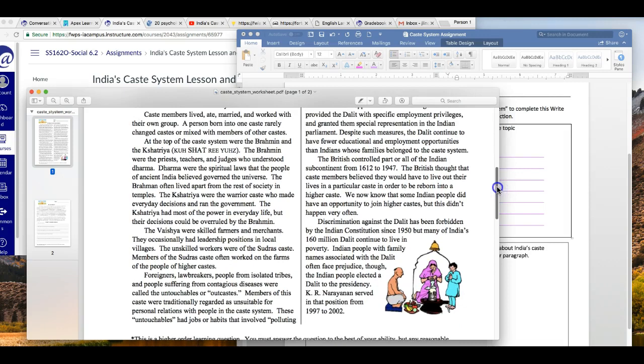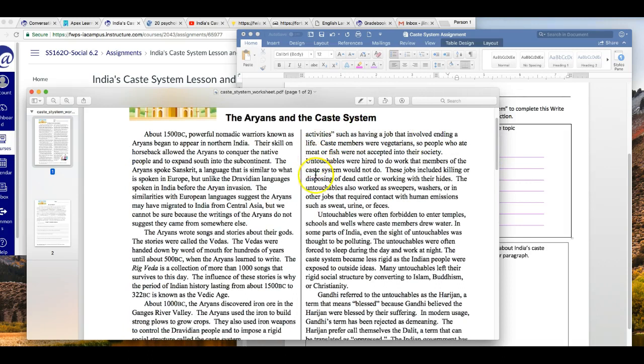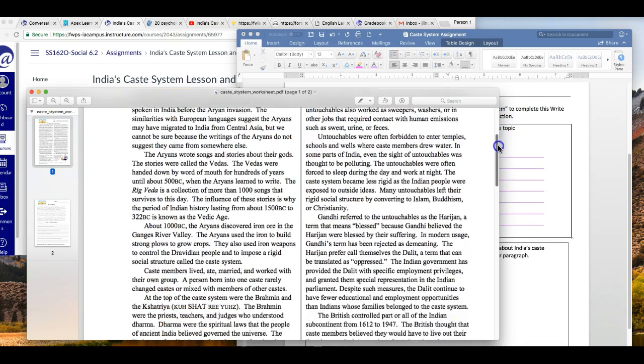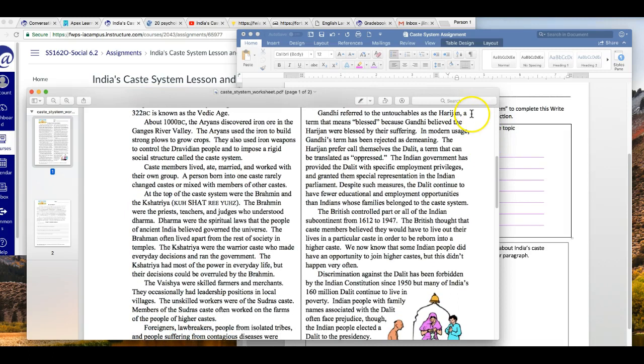You could use the names of the levels of castes within the caste system, like Brahmin, the Kshatriyas, the Vaishyas. Untouchables is probably a good one to put in the keywords. This is the description of the untouchables and what they're allowed to do and not allowed to do. And then coming down here, it talks about a man that lived in the 1900s named Gandhi and how he called them this term, but today the untouchables like to be called this term, the Dalit.